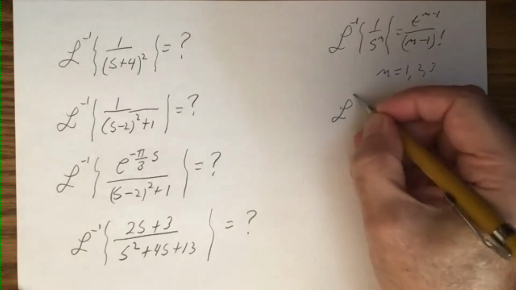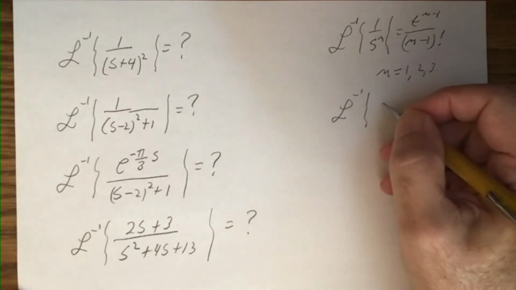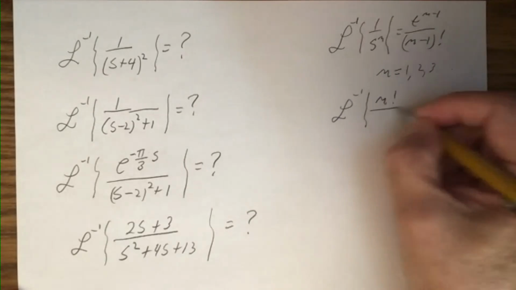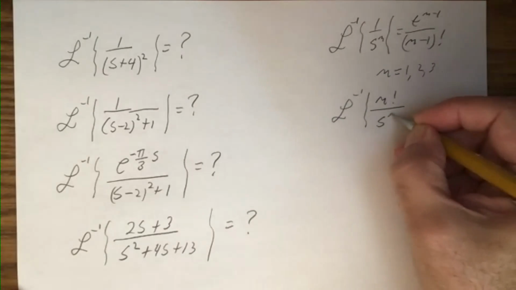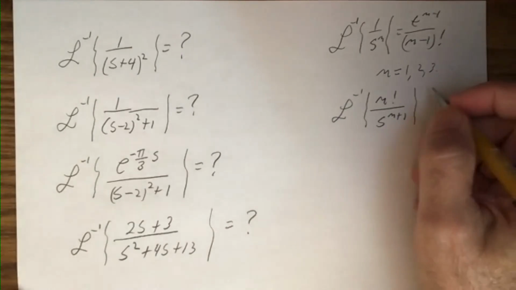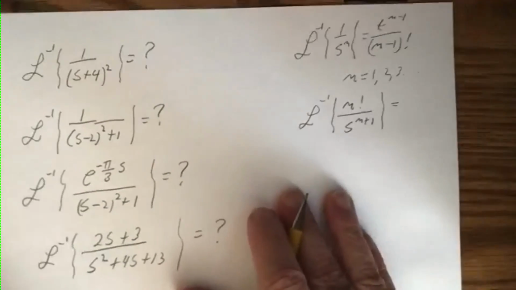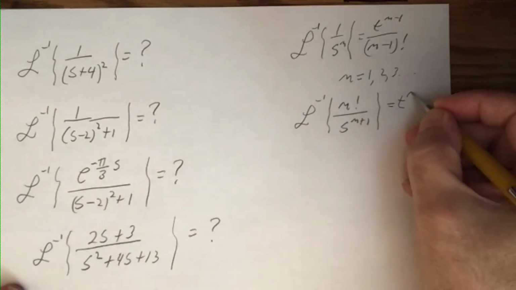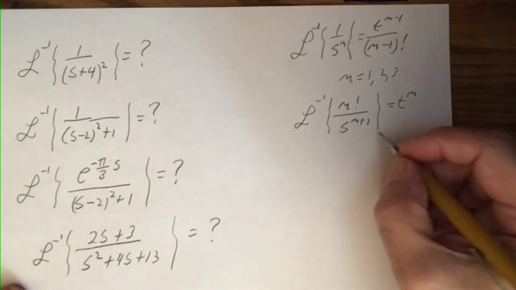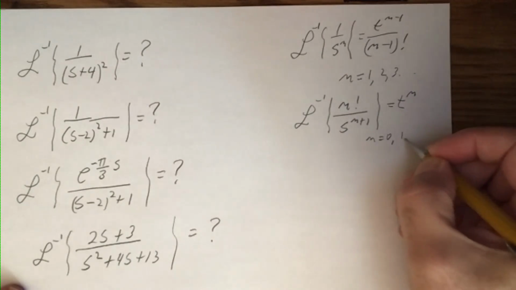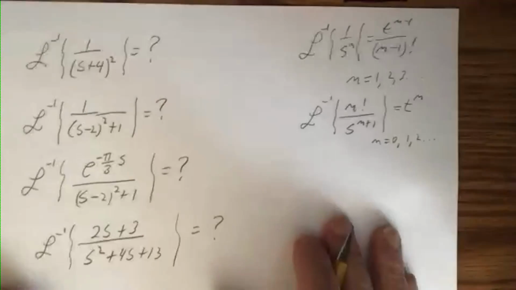We also have this. And in this case, n goes from 0 to 1 to 2. Okay.